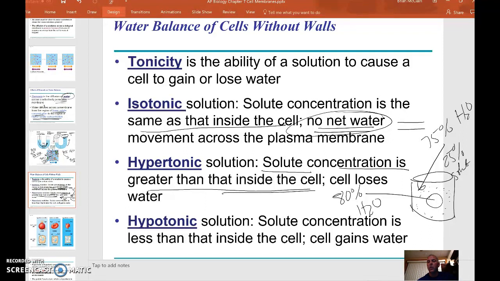So if I have more solute, it's hyper, and therefore the water is going to want to go out, and it's going to want to go into that beaker.